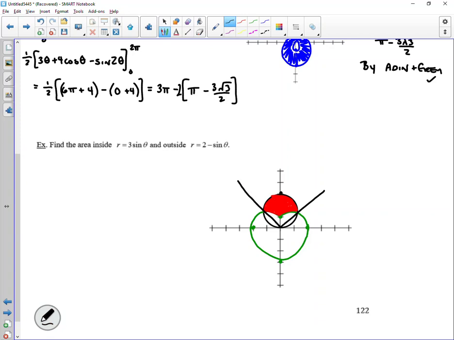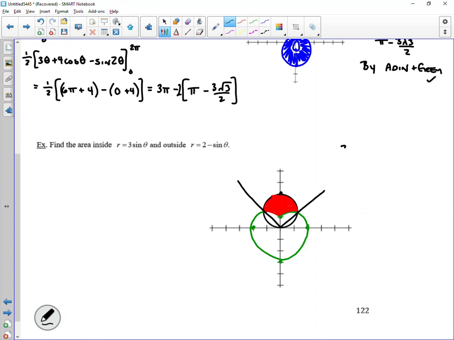So, draw a line from your origin out to the 2 intersection points. Since I want this red section, first I need to find the 2 intersections. So how do I do that?